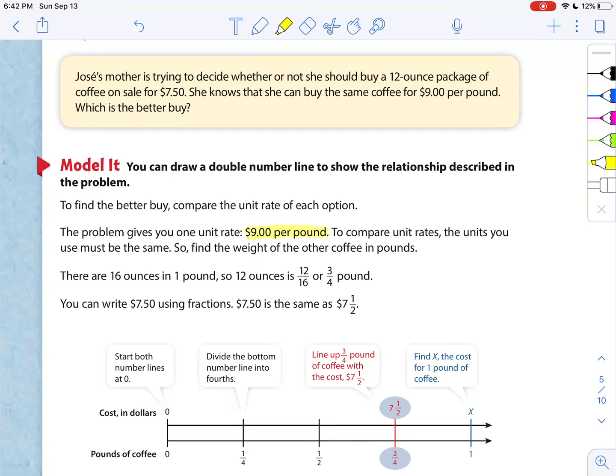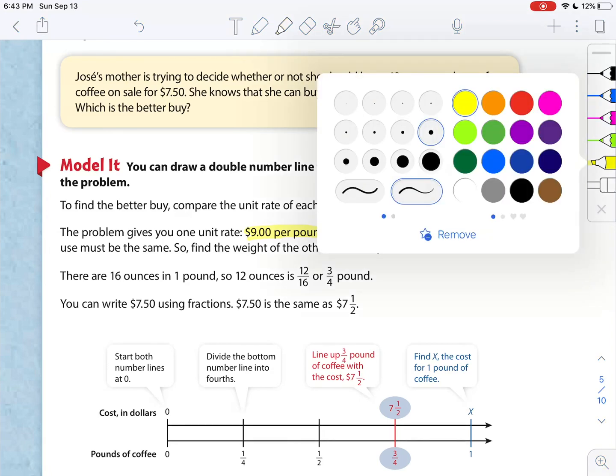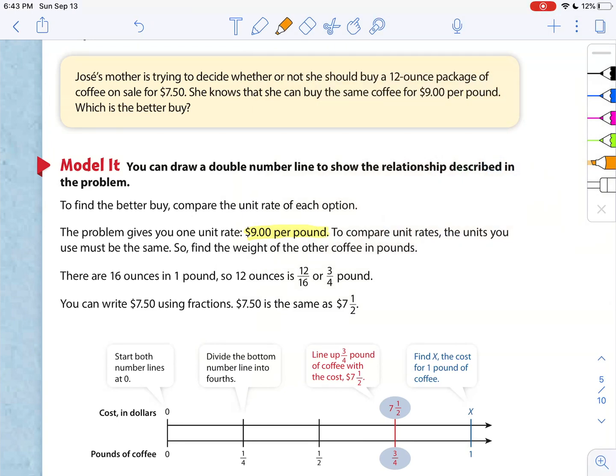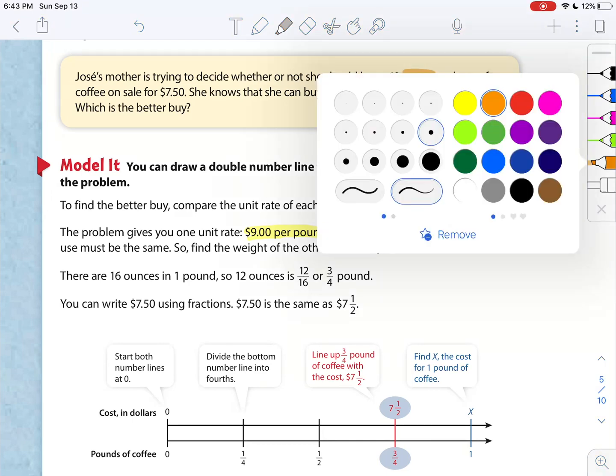So what this is saying is in order to compare unit rates, we must have the same unit of measurement. In the problem above, we have ounces and we have pounds. So as the problem is right now, we can't compare those unit rates because we have different units of measure.